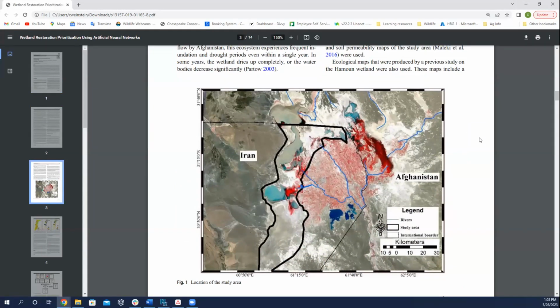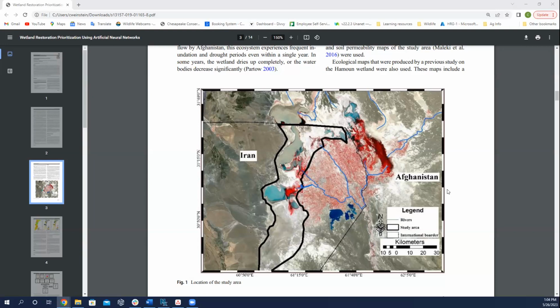It's a large, locally important wetland complex near the border of Iran and Afghanistan that has seen a lot of degradation over recent years by a combination of drought and also increased water consumption driven by changes in surrounding land cover and land uses. In the case of this area, it would be great to restore all of the wetlands to their normal functioning, but because this is a water scarce area, there's not enough to do all of that.